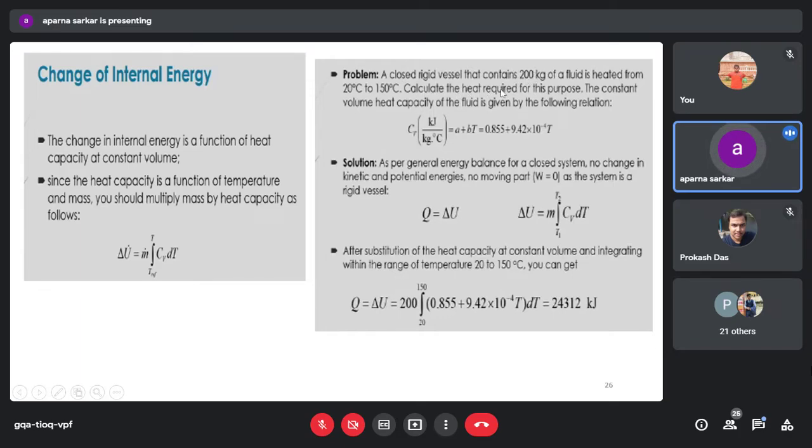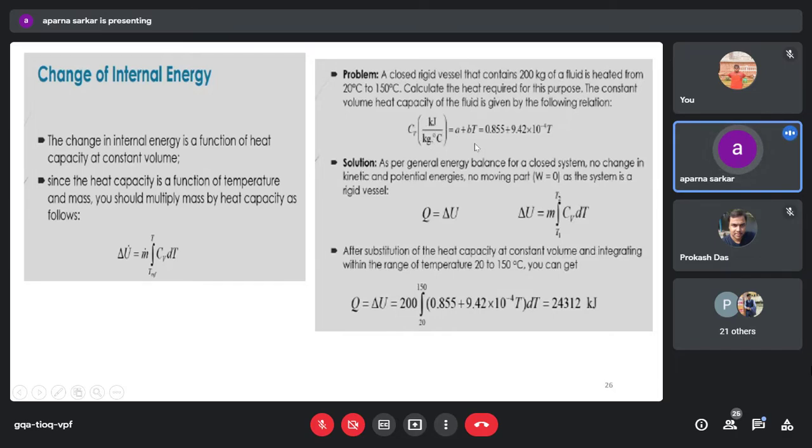Calculate the heat required for this purpose. So heat we need to calculate. The constant volume heat capacity of the fluid is given by the following relation. Cv we need to calculate, and for Cv we have one relation. And we have to calculate the internal energy part, which is a form of heat.